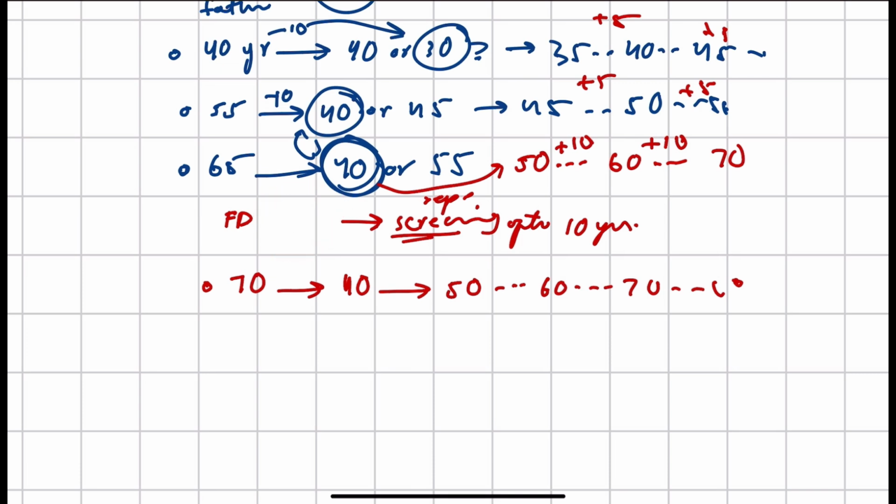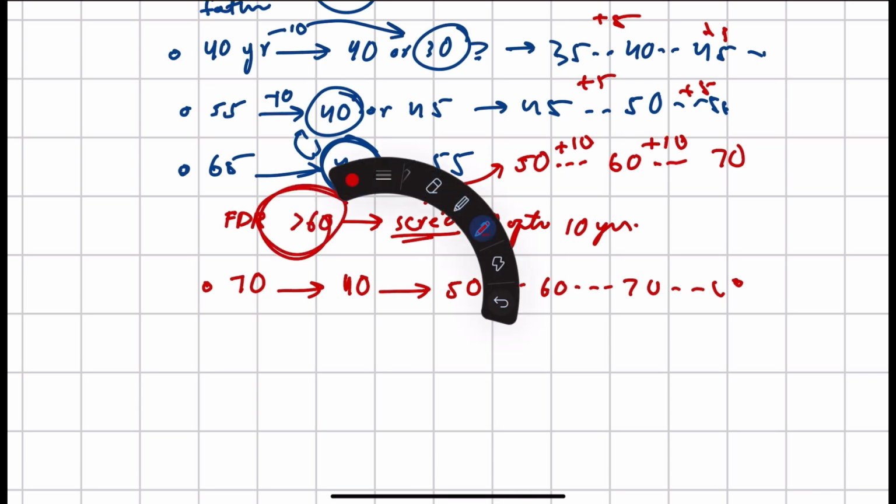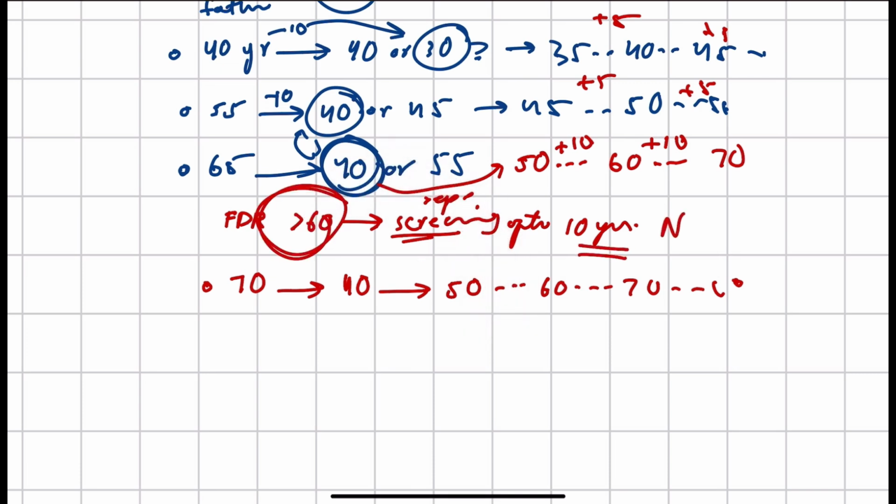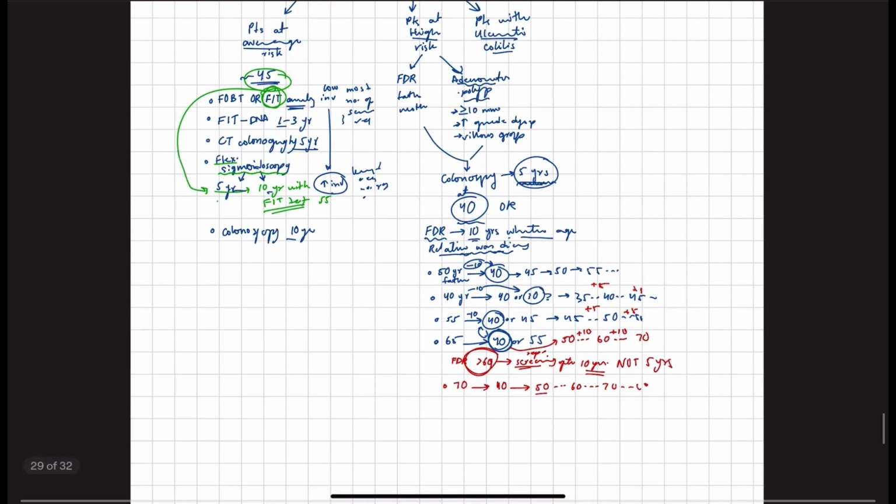Because if greater than 60, we repeat the screening every 10 years, not 5 years. The logic behind that is, after 65, it's simply not as much of a hazardous thing that you have to screen every 5 years. You can do it at 10 years and that will be completely fine. Okay, so that is that.